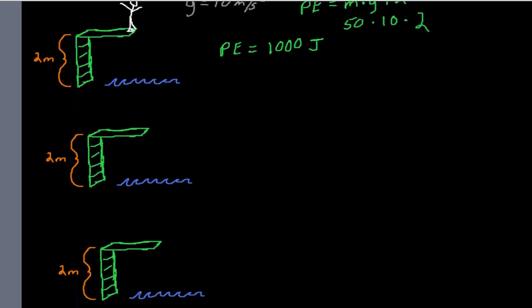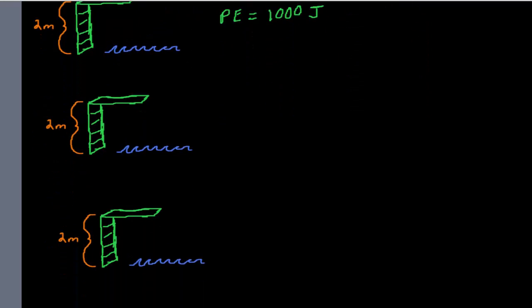All right? Moving down, let's say he's jumped off the platform at this point. All right, he's left the platform. He's falling. If we assume he's fallen a total of 1 meter, then we go back to our little potential energy formula.